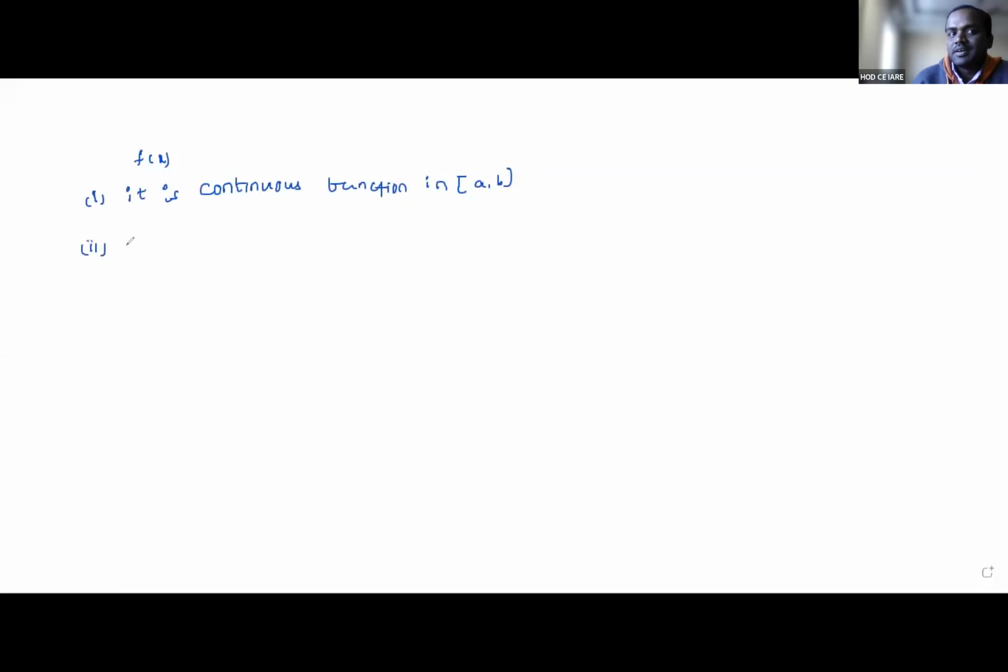And the second condition, it is differentiable in the open interval of a comma b.